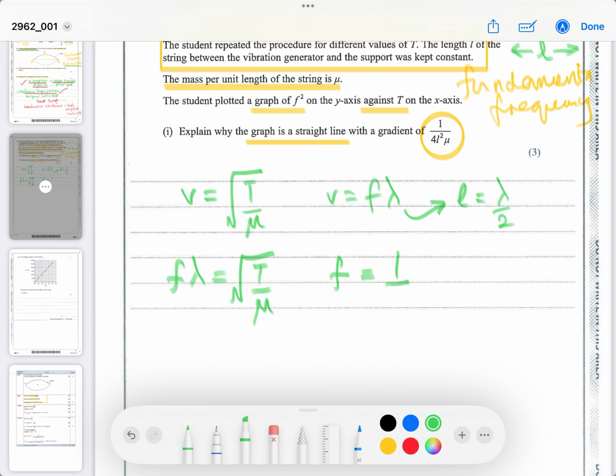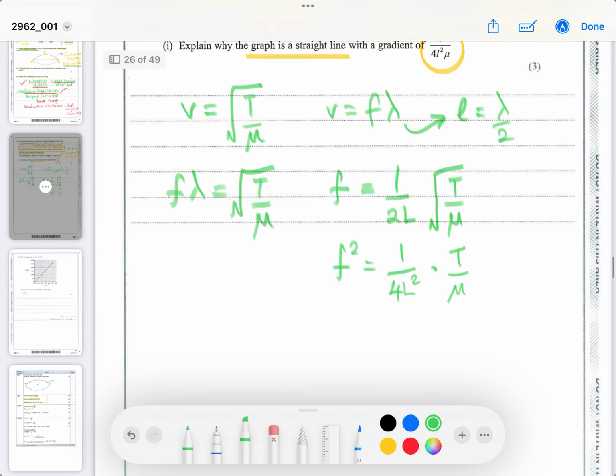So take 2L on the other side, 1 over 2L, square root of T over mu, square both sides. It follows that F squared equals 1 over 2 squared, 4L squared, and then you get rid of the square root sign.